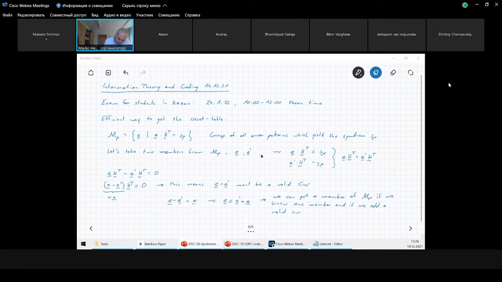So more generally, if we consider E plus the whole set of code words gamma, this will be E plus all possible A for all A element of gamma. And this will be my coset mu.